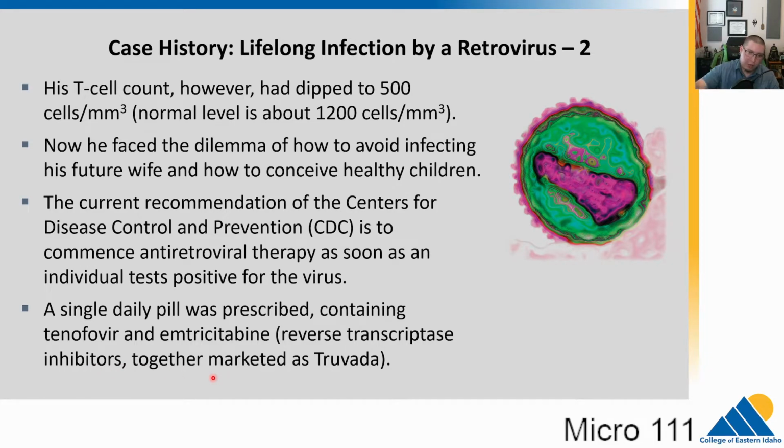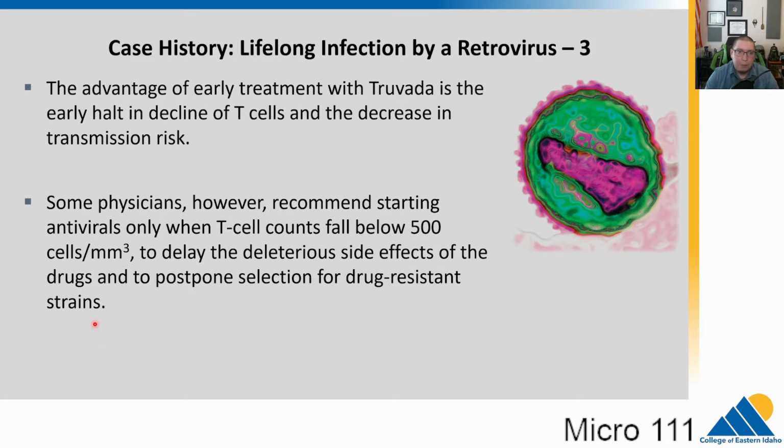They're put together in one pill named Truvada, and so this one pill has 2 drugs, and he has to take this every single day. This is going to inhibit the process of reverse transcription, which this virus needs to replicate. This should hopefully halt that decline in T cell levels, and it will decrease the transmission risk.